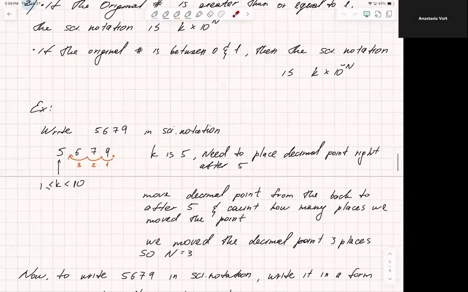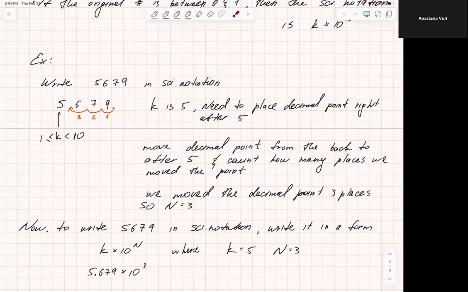So for example, we have the number 5,679. We want to write it in scientific notation. So first of all, the first digit would be our k, okay? Because it is between 1 and 10, not including 10, so this number is k.